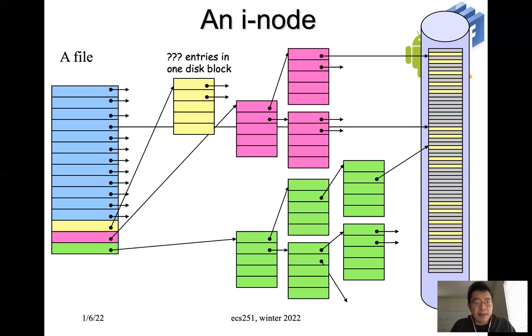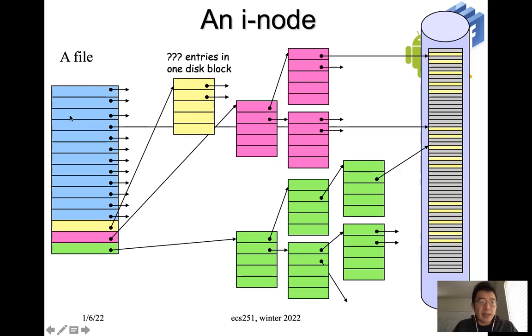That's 512 bytes. So essentially, instead of the blue pointing directly to the disk block, the yellow first points to another block, but everything in this block is a pointer, 512 of them. This basically represents the 13th block all the way to the 525th block of this file.